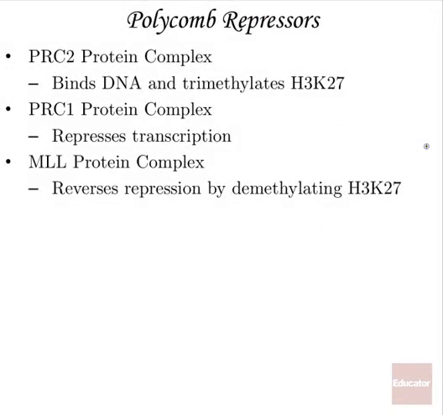And finally, just as a mention, we have our polycomb repressors. These are a family of proteins that can remodel chromatin such that epigenetic silencing will take place. PRC is the polycomb repressive complex.